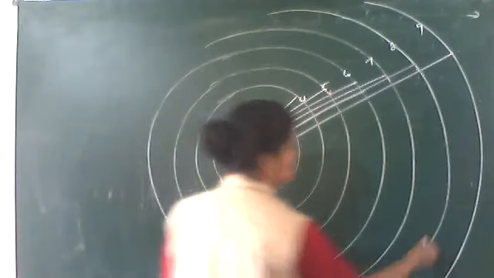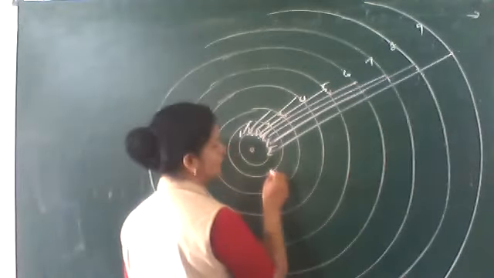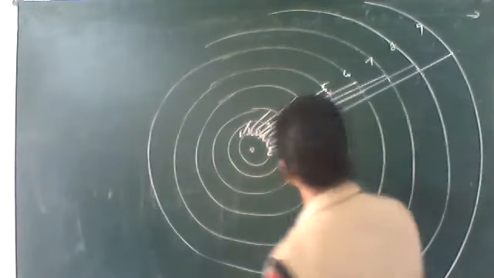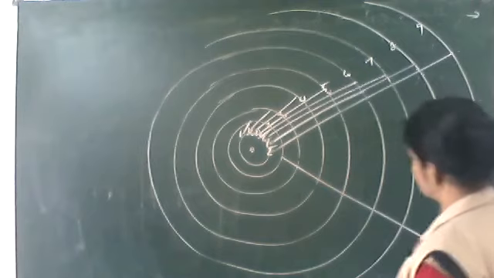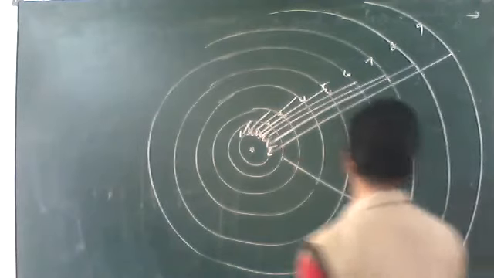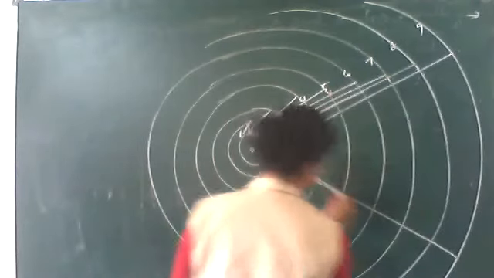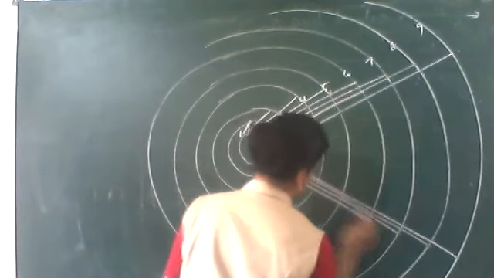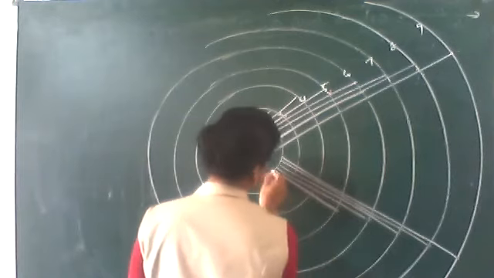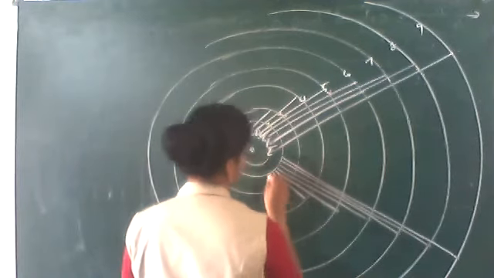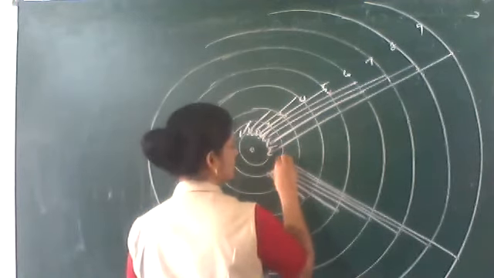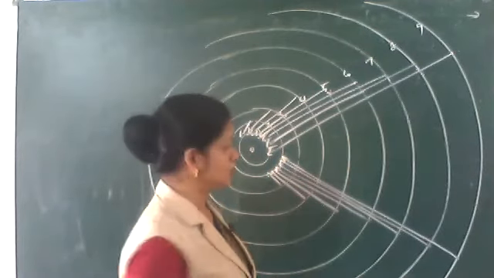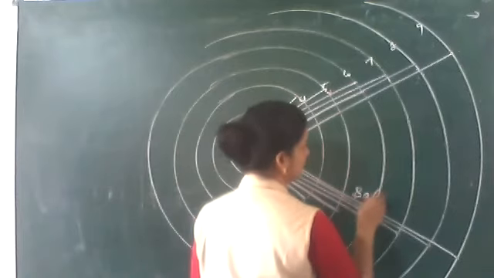If it falls from a higher orbit to the second orbit, this what I have shown is the first orbit. If it is on the second orbit, Balmer observed, so we call it the Balmer series.